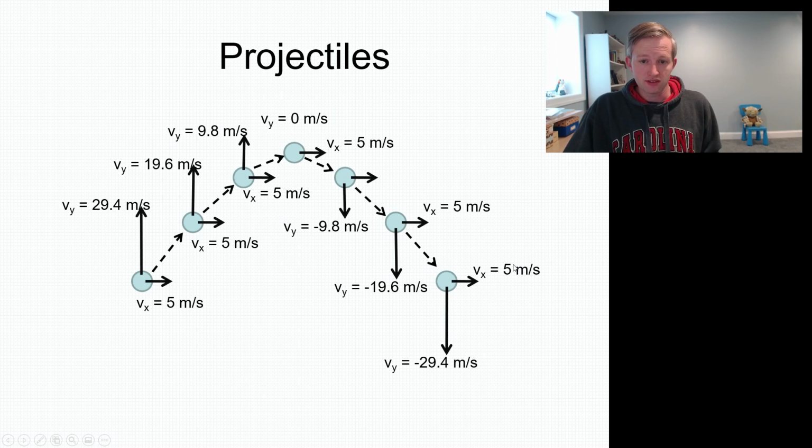When we put these two things together, now we can appreciate the overall motion of this projectile. This thing started with this positive horizontal and this positive vertical, and so it moved in that diagonal direction. If you look at this, you can see the two vectors added together to create this diagonal motion.